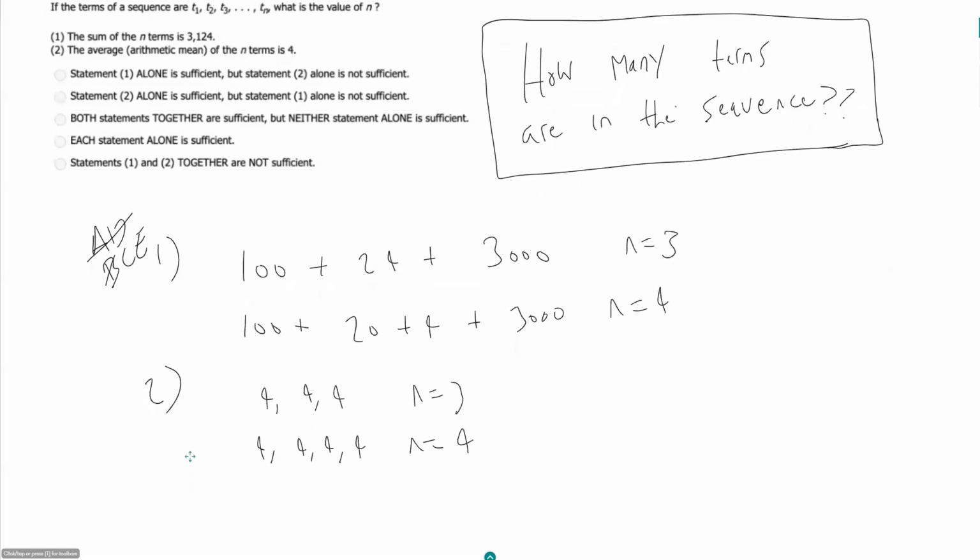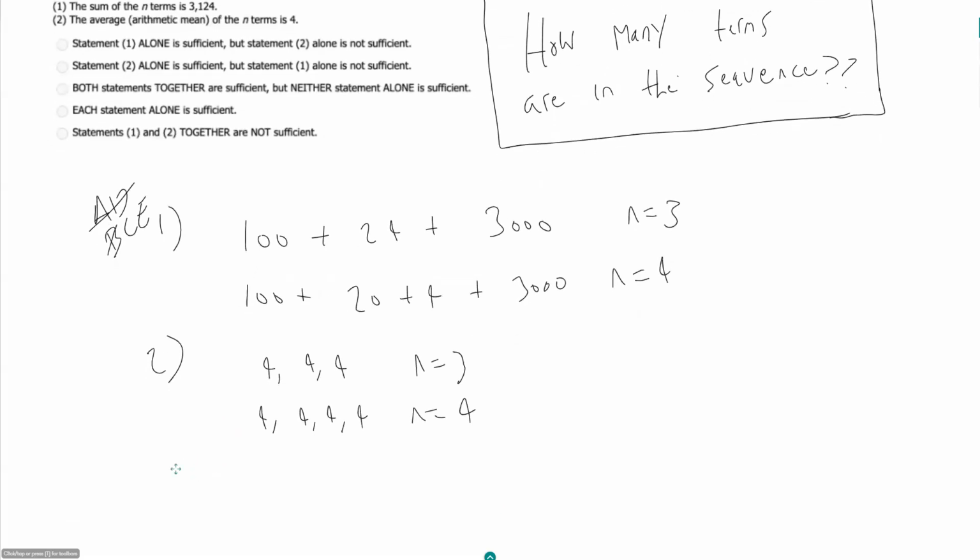we know the sum must be 3,124, and the average is 4. So what do we know? So how do you find the sum of a set of numbers? Sum is going to be equal to the average times the number of terms.